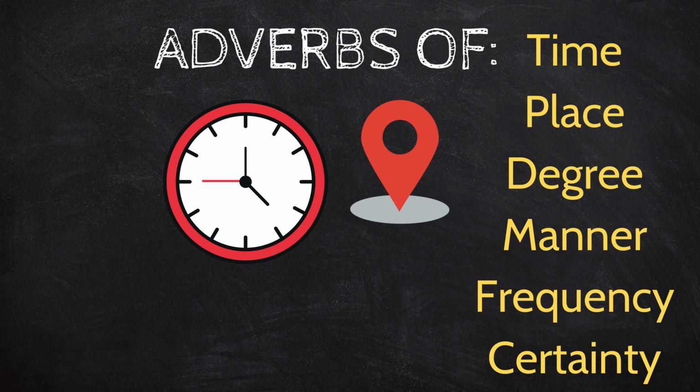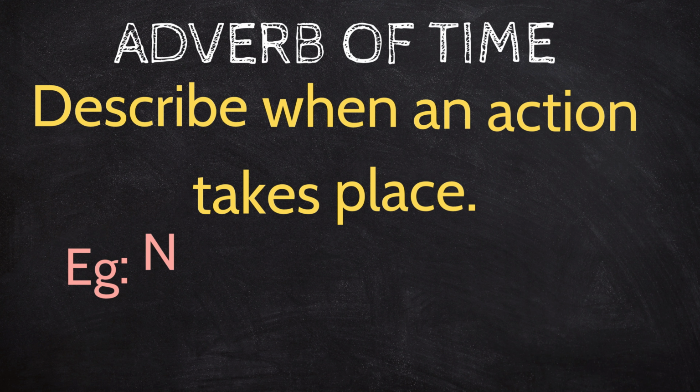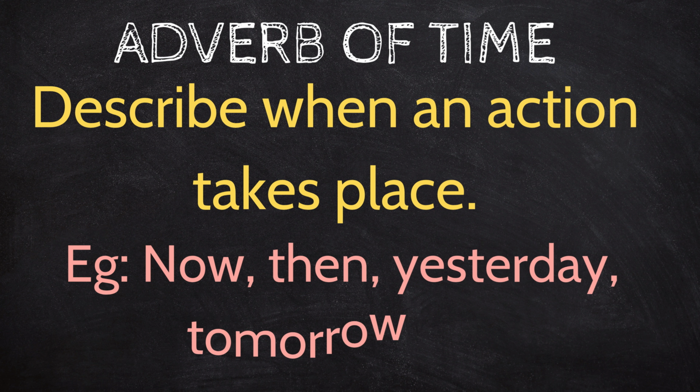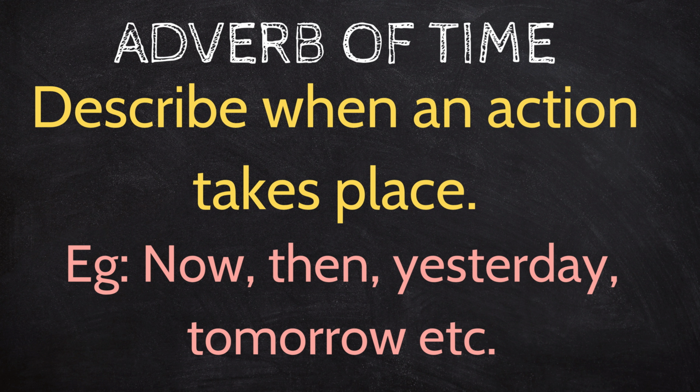So first off, we are going to learn about adverbs of time. What are adverbs of time? They describe when an action is going to take place, when an action takes place or when an action is done. For example, yesterday, tomorrow, etc. Next is adverb of place.